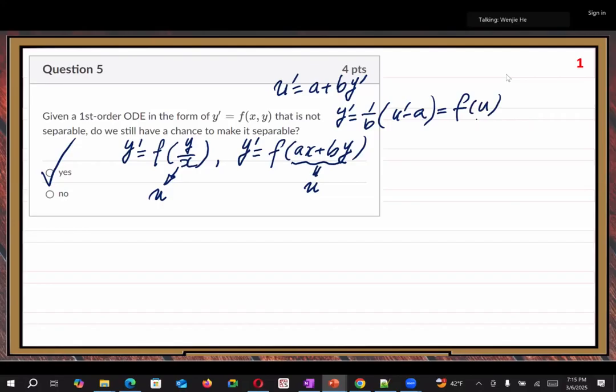So u prime equals b f of u plus a. Now it's separable. So these two types you need to be familiar with.